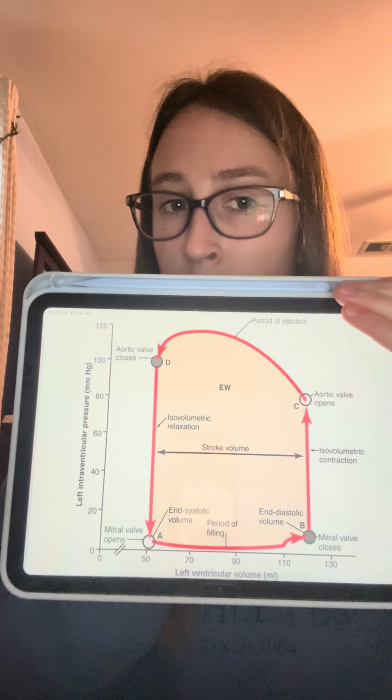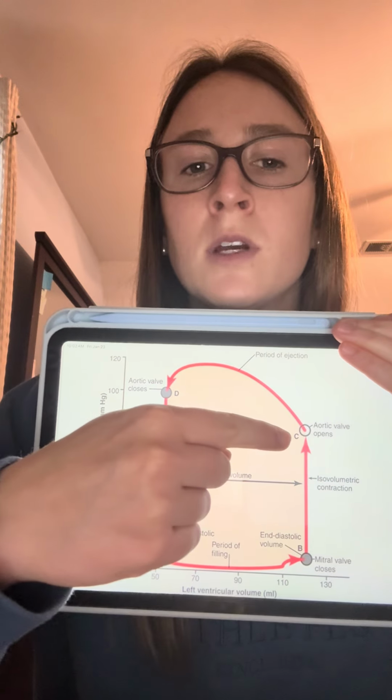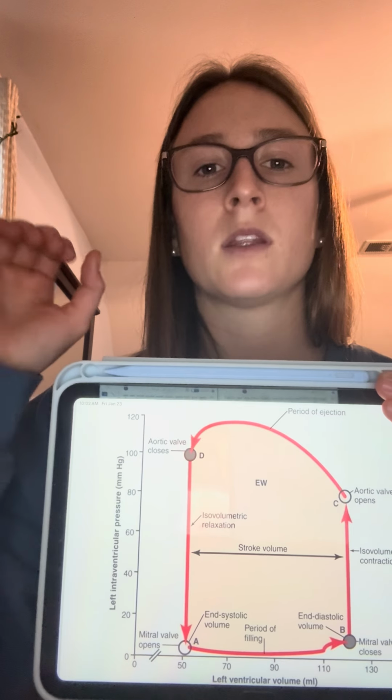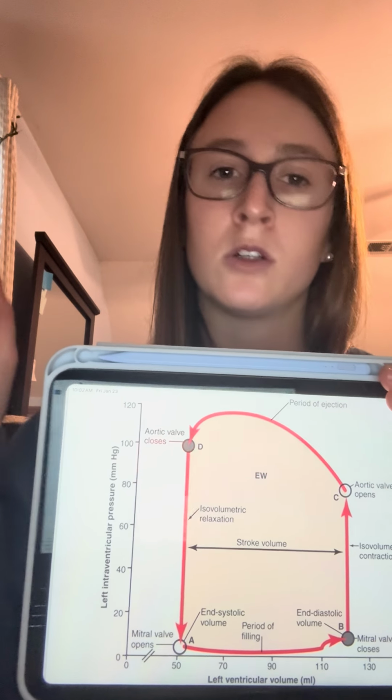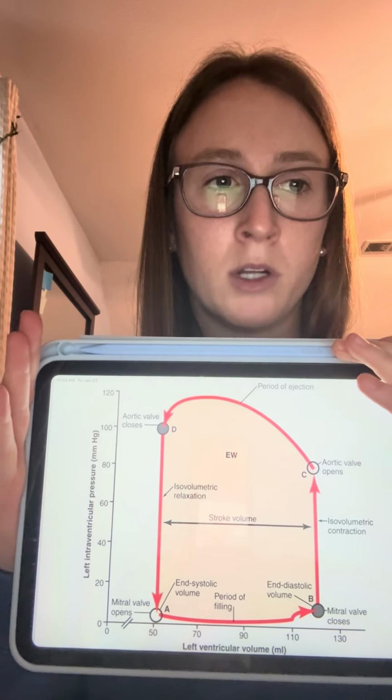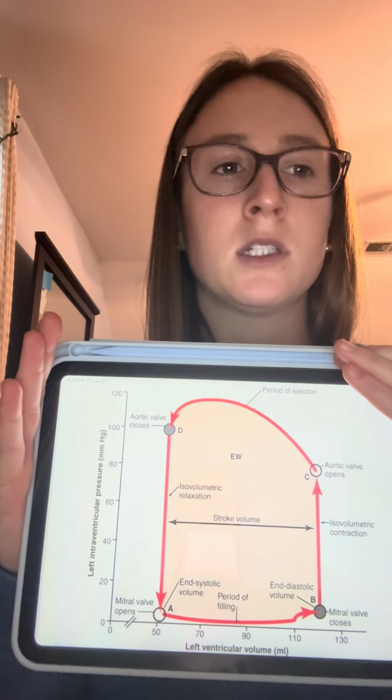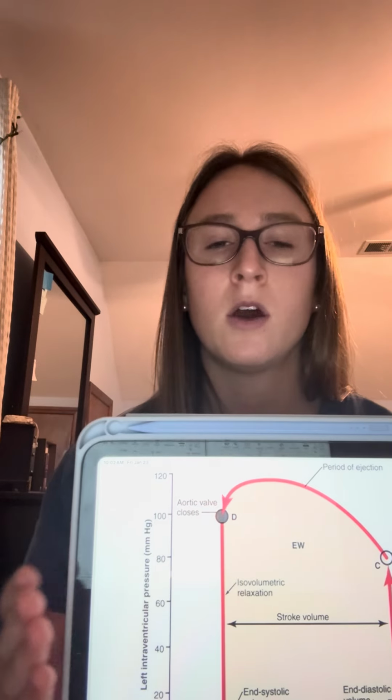So the pressure is going to increase until the left ventricle pressure is greater than the aortic pressure.